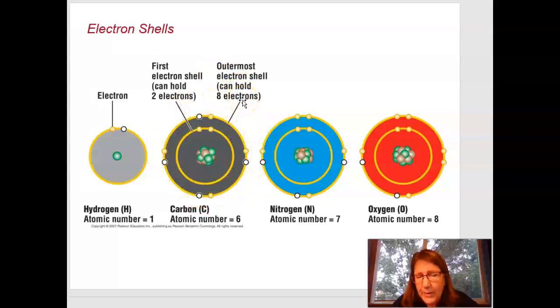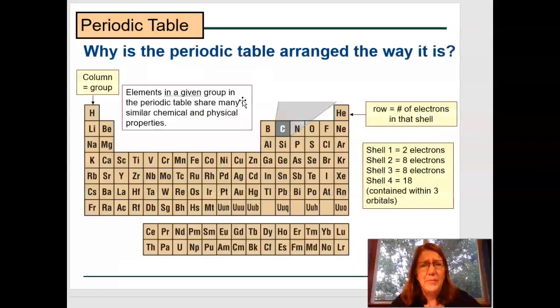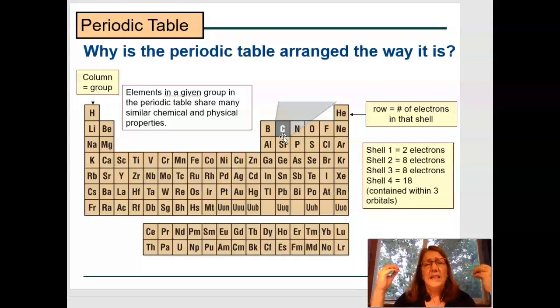So I'm going to flip back to where carbon is in the periodic table. Okay, so how do I know how many electrons carbon has? We've got 1, 2, 3, 4, 5, 6. Okay, so 6 is actually the atomic number of carbon. It's how many electrons it has.